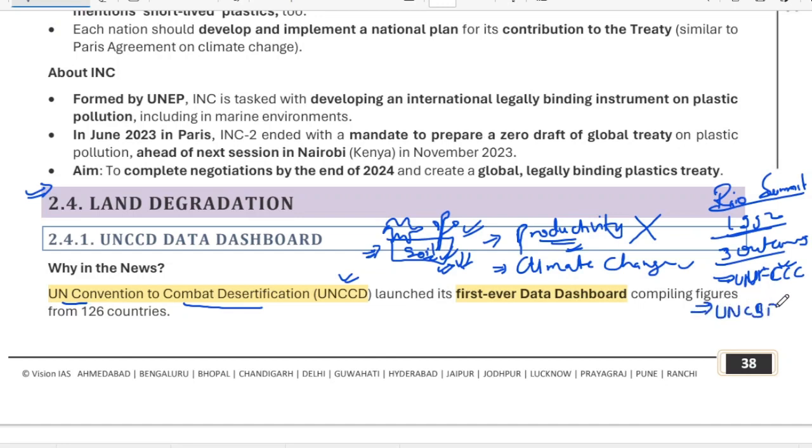UNCBD, CBD is the Convention on Biological Diversity. UNCCD, CCD is the Convention to Combat Desertification, which we are talking about now.